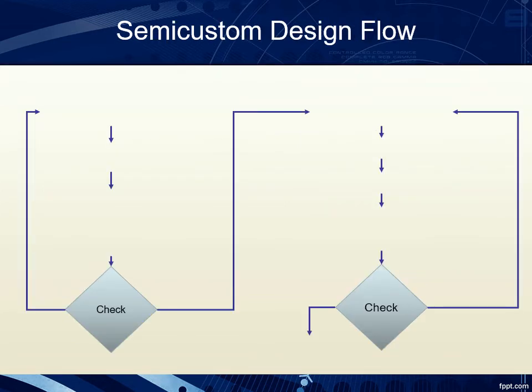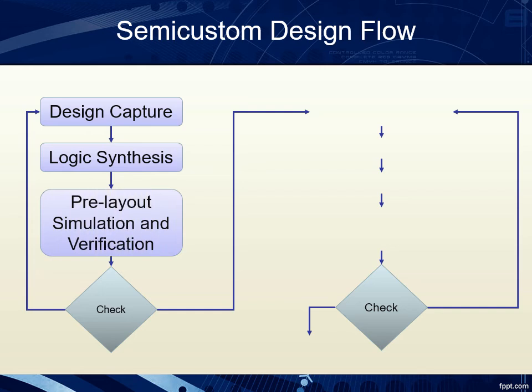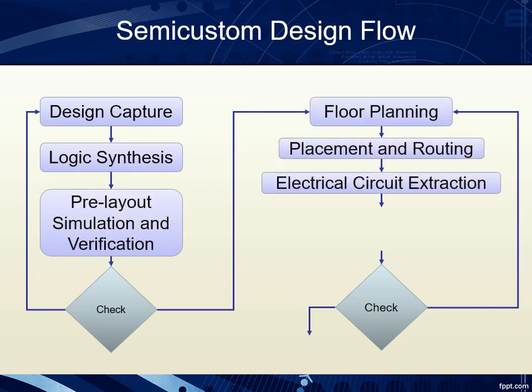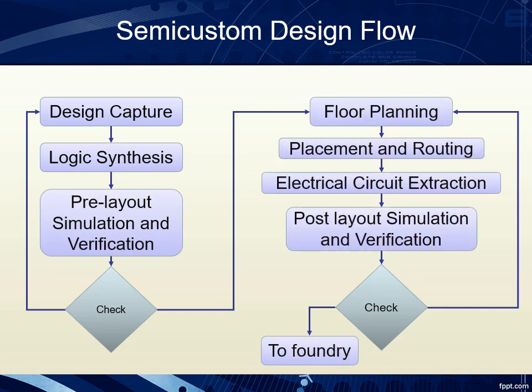Let us have a look at the semi-custom design flow. Basically, it is identical to what we have described earlier, but with some more details and also with some illustrations of the iterations that we need to do. We can distinguish two main phases of the design flow.